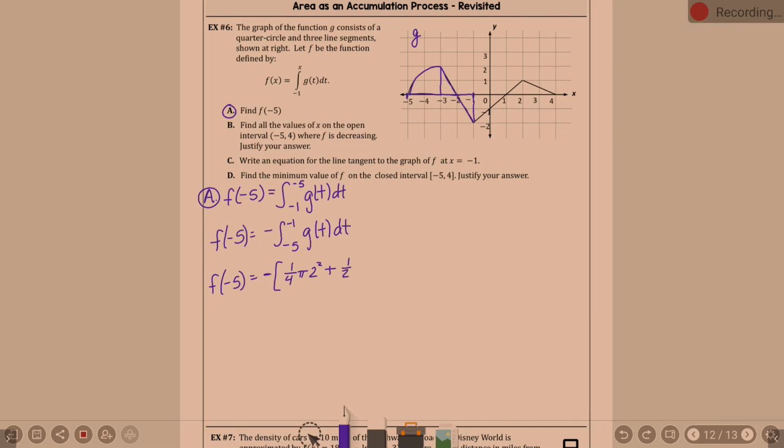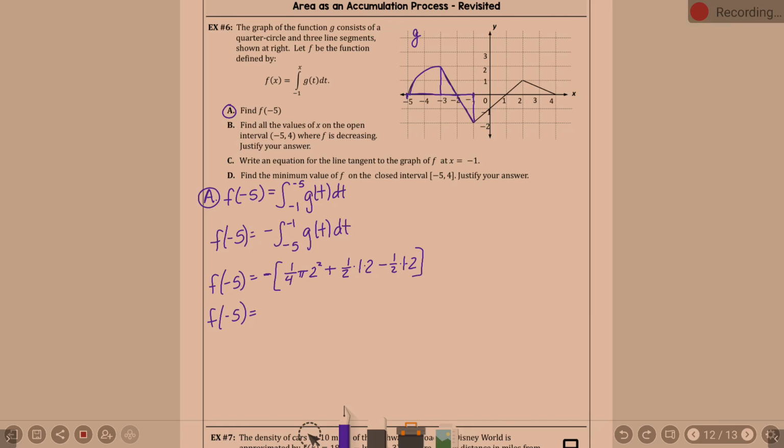Officially, though, it'd be 1/2 times a base of 1 and a height of 2. That's the triangle above. And then we're going to go to the triangle below. So it's going to be minus 1/2 times the 1 times the 2. Totally agree, though. We're going to have some canceling action.